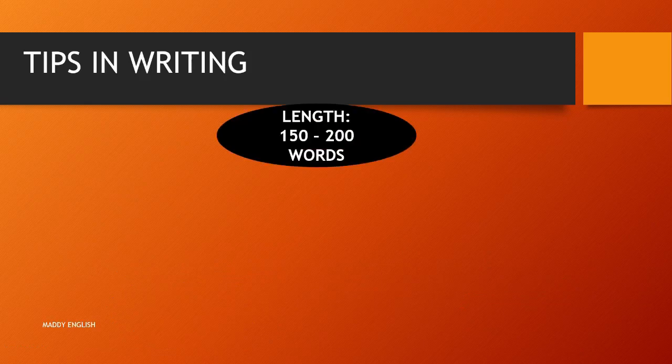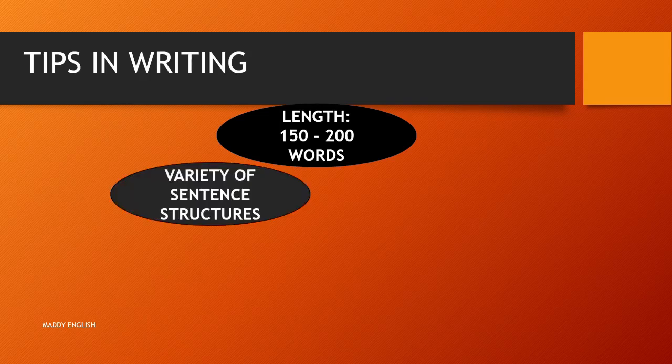Remember, the length of the writing is 150 to 200 words. Not writing within this number of words means you're not fulfilling the requirement. And of course, if you write more, it does not help you, it will drag you down, because whatever comes after the 200th word will not be assessed.